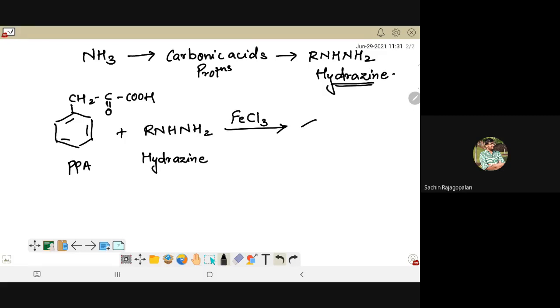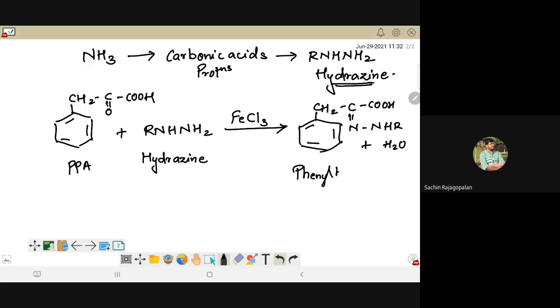So this condensation is responsible for converting my PPA into a compound which I call phenyl hydrazone. This is the compound which gives you green color.